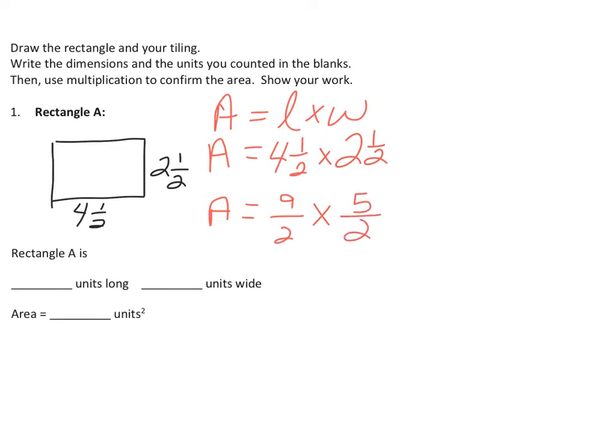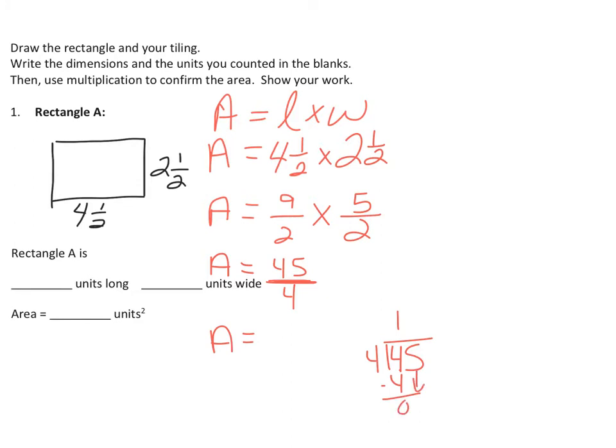Denominator stays the same. So now A is equal to numerator times numerator, 9 times 5, 45, over denominator times denominator, 2 times 2 is 4. Now I need to convert that to a mixed number. So 45 divided by 4. I can do the math over to the side. 4 divided by 4 is 1.